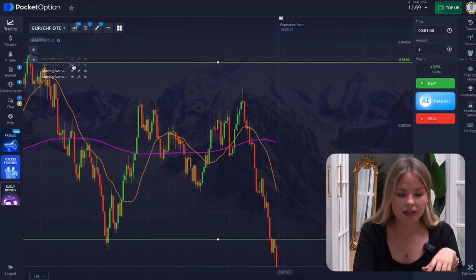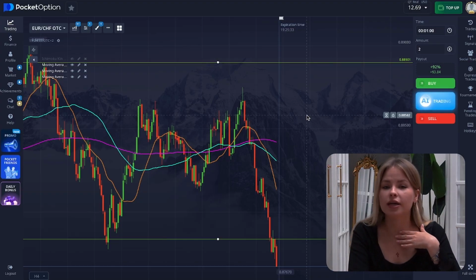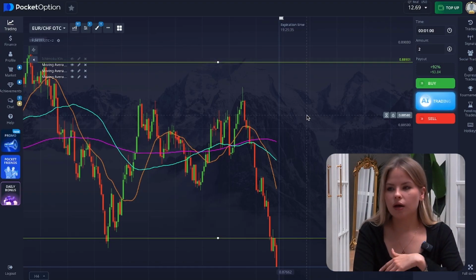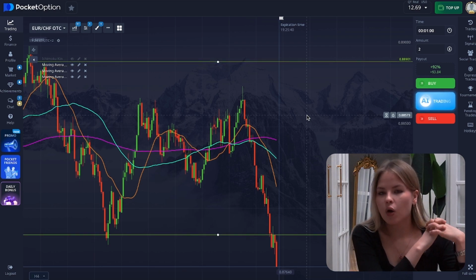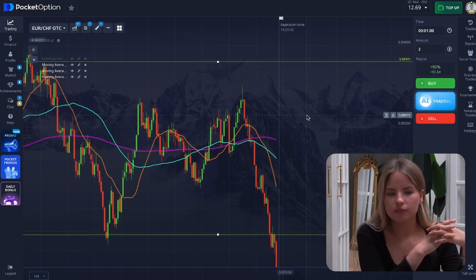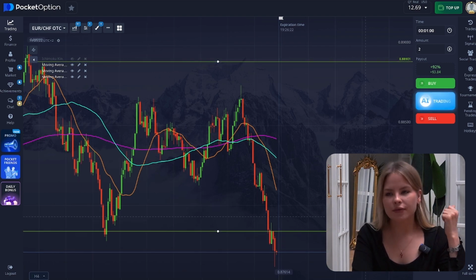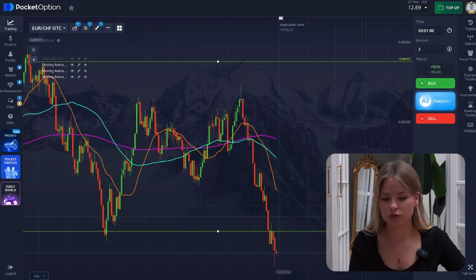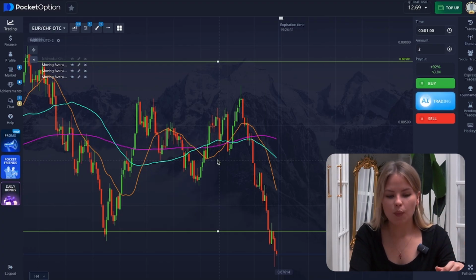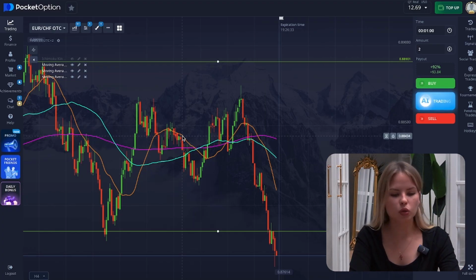Okay, the first 3 indicators are moving averages. Sounds not really clear, but it's the overall price. Moving averages show the average closing price over some period of time, and you can set this period of time. So you see that I've just turned on the same indicator, but the lines look different.